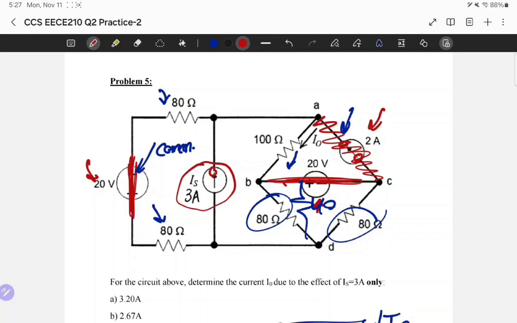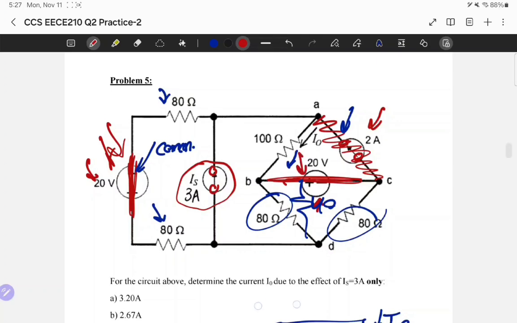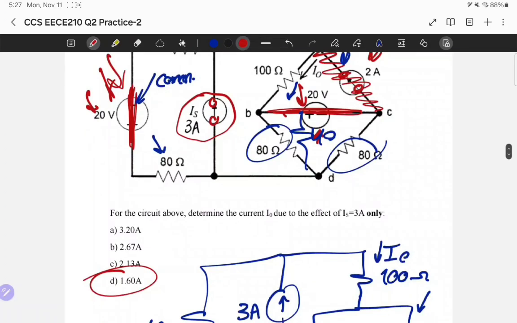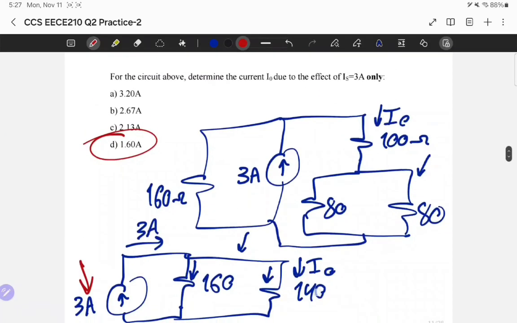I deactivate this source and reactivate this one, and then deactivate this and reactivate this, for example, and so on and so forth. I get a bunch of values just like I did, and then for the total effect I add these values. Okay.